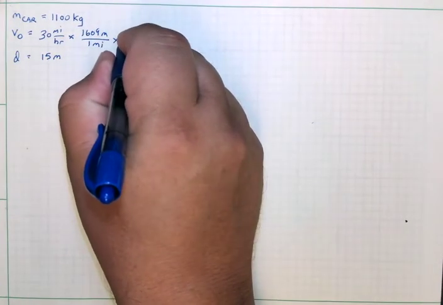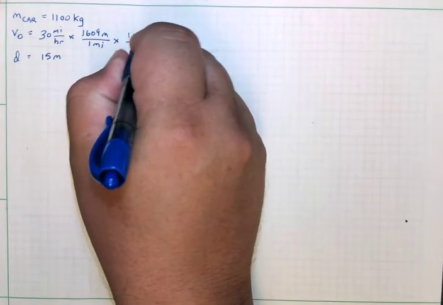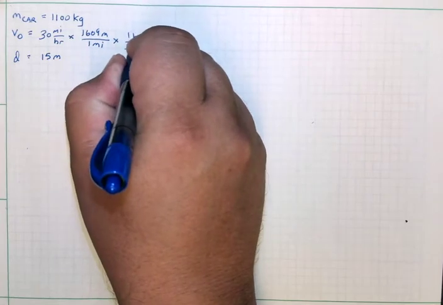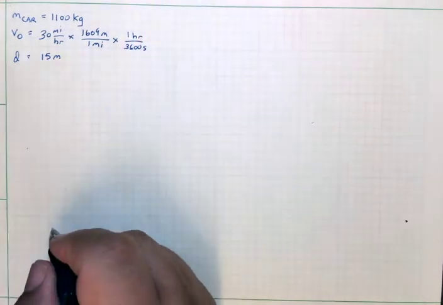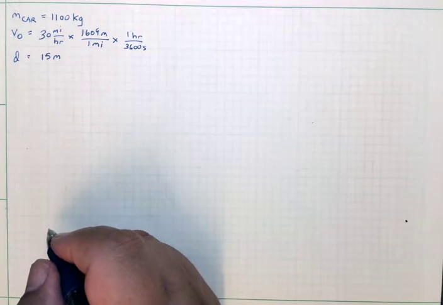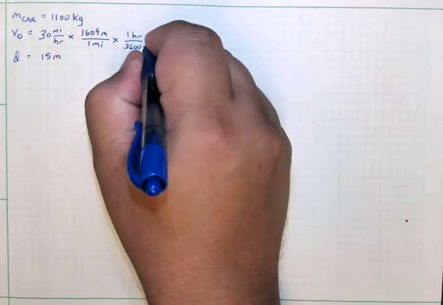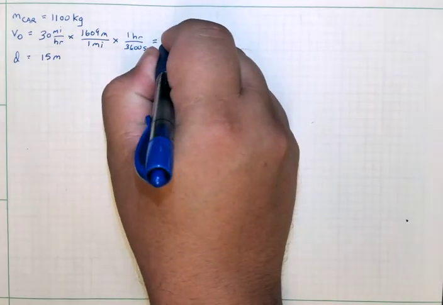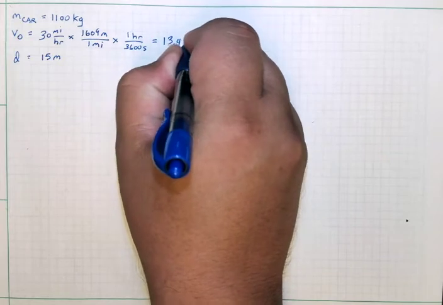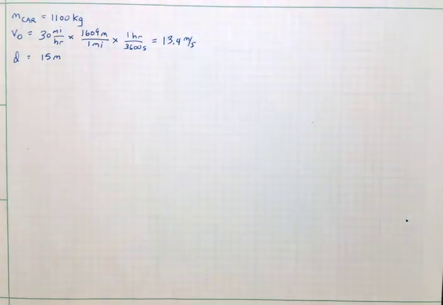And then we convert the hours into seconds using the conversion factor of 3,600 seconds per hour. That gives us an initial velocity of 13.4 meters per second. Now notice that I have left this in 3 significant figures, despite the fact that the problem is 2 significant figures, just keeping that extra significant figure to try to minimize rounding error.